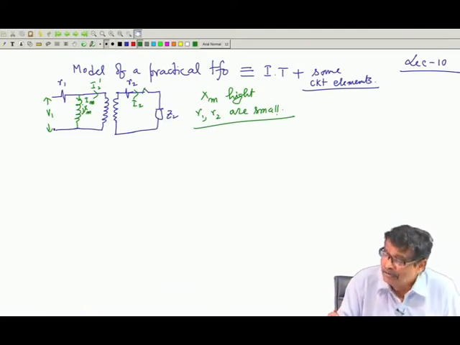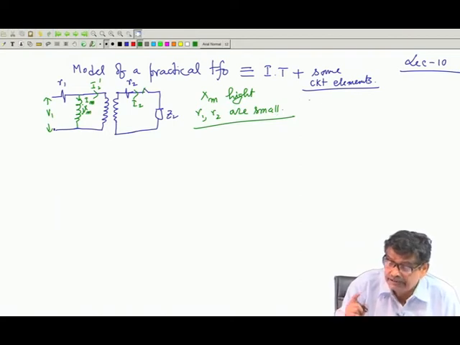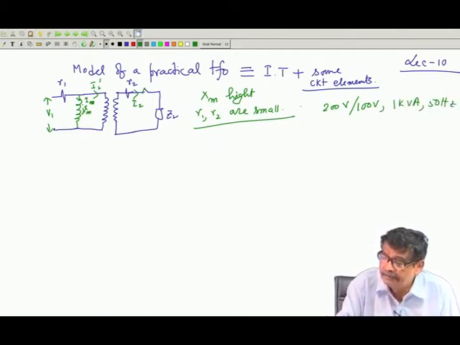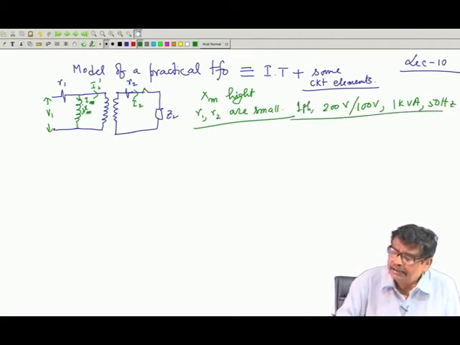It is useful to know this. For example, suppose one transformer is rated 200 volt, 100 volt, 1 kVA, 50 hertz, single phase. Suppose I say it is a practical transformer.